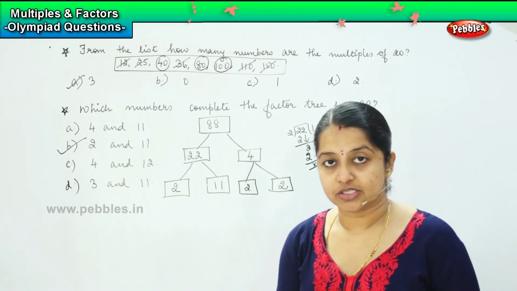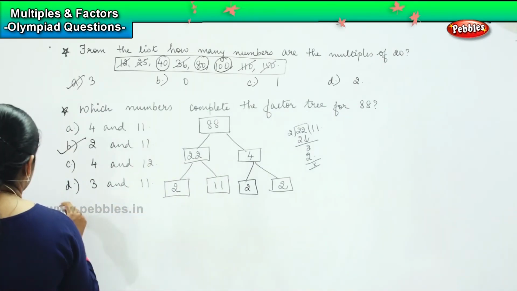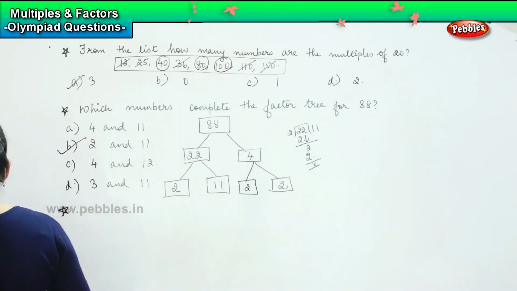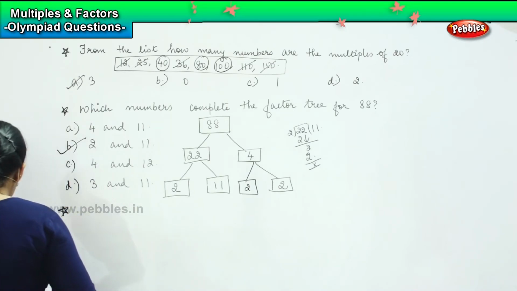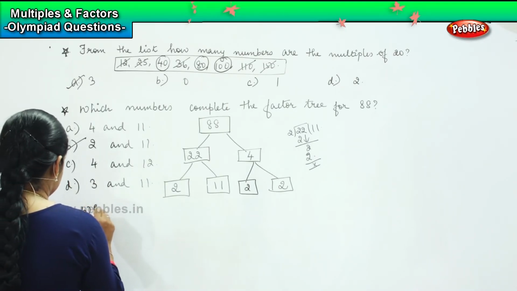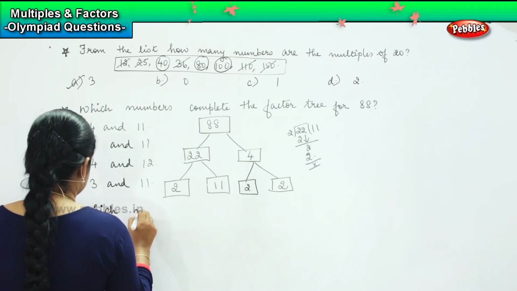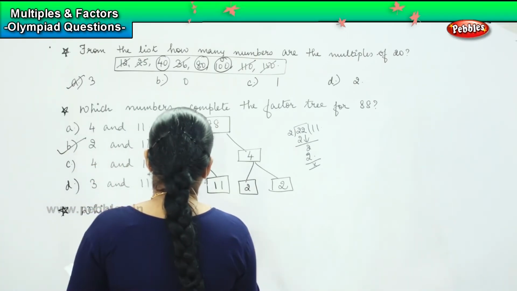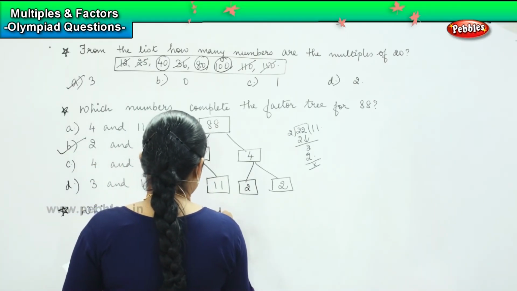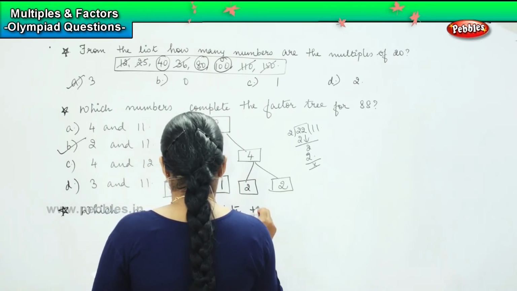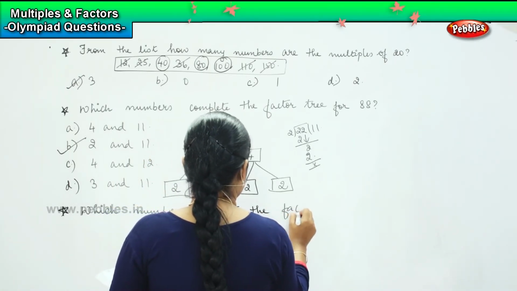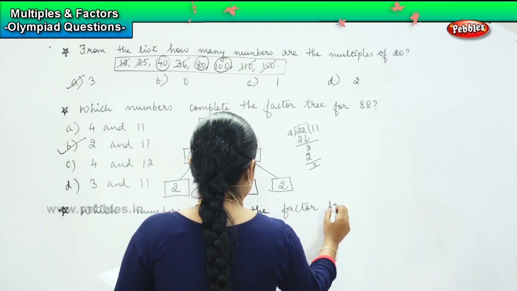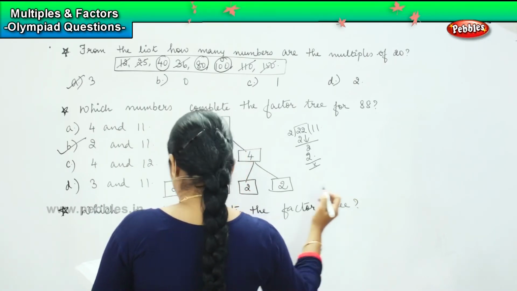Okay. So here is your next question. The question says, which numbers complete the factor tree? Okay.